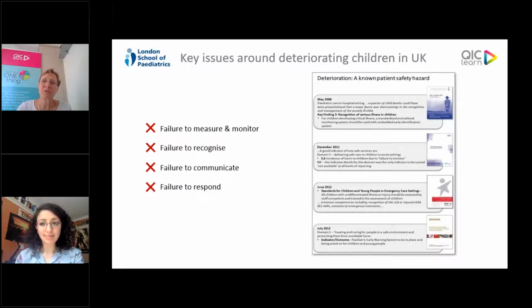And going back to deteriorating children once more, the evidence has been emerging over time. This takes you up to 2012. But over time, people were beginning to recognise and count and talk about the failure to measure, the failure to recognise deterioration, the failure to communicate, and the failure to respond.